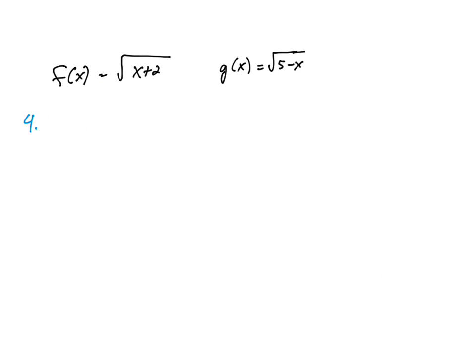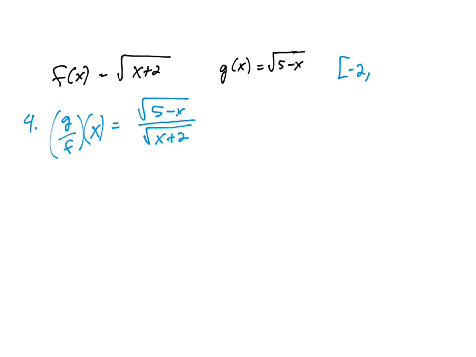Now when we're dividing two functions, this is when we need to be extra careful. Let's do g over f first. So g over f, this is just going to be square root 5 minus x over square root x plus 2. Now what we saw before, when we looked at each of these individually, we had a domain from -2 to +5. Now the only thing that is going to change now is that this -2 is going to make g over f undefined.